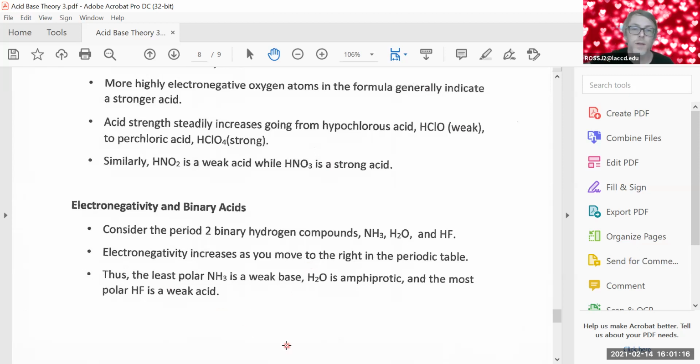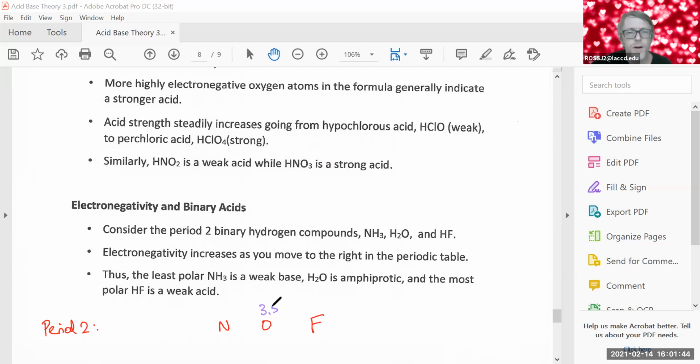So, if we look here, I guess a little diagram would have been helpful. So let's put one in. We've got N, O, and F. So this is in period 2, right? In terms of electronegativity, let's see if I can remember my electronegativity values.